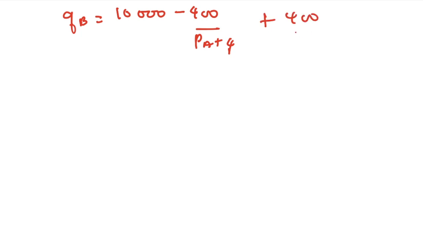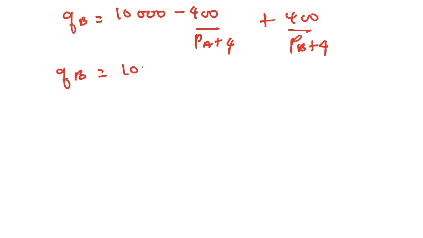Like I said, I prefer to write it this way first. QB, rewrite the equation: 10,000 minus 400 over PA plus 4, plus 400 over PB plus 4. I rewrite the equation first before I differentiate.